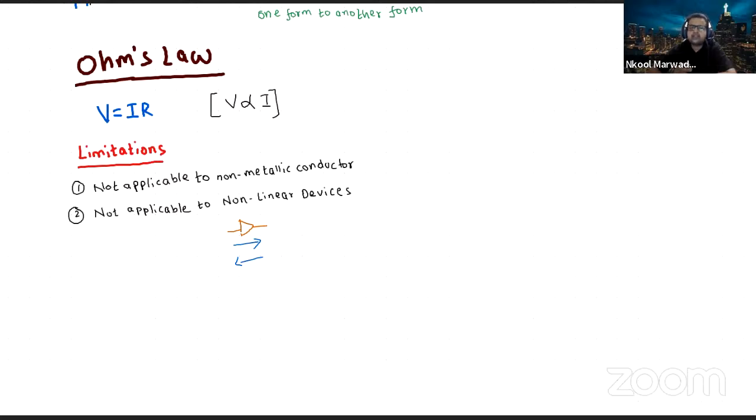But resistance is a linear device. Why is resistance a linear device? Regardless of the direction of the current, the resistance will behave the same. But for non-linear devices, the direction of current matters.